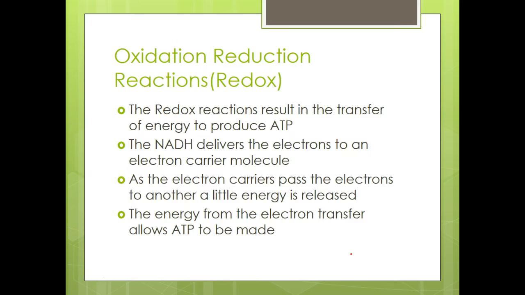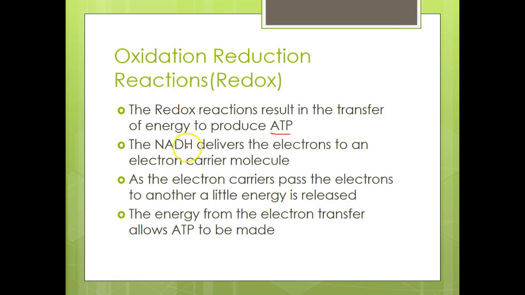Just to kind of wrap up, the redox reaction results in the transfer of energy to produce ATP. Ultimately, we are making NADH or NADPH to carry the electrons and H+ ions to specific locations where energy will be made.